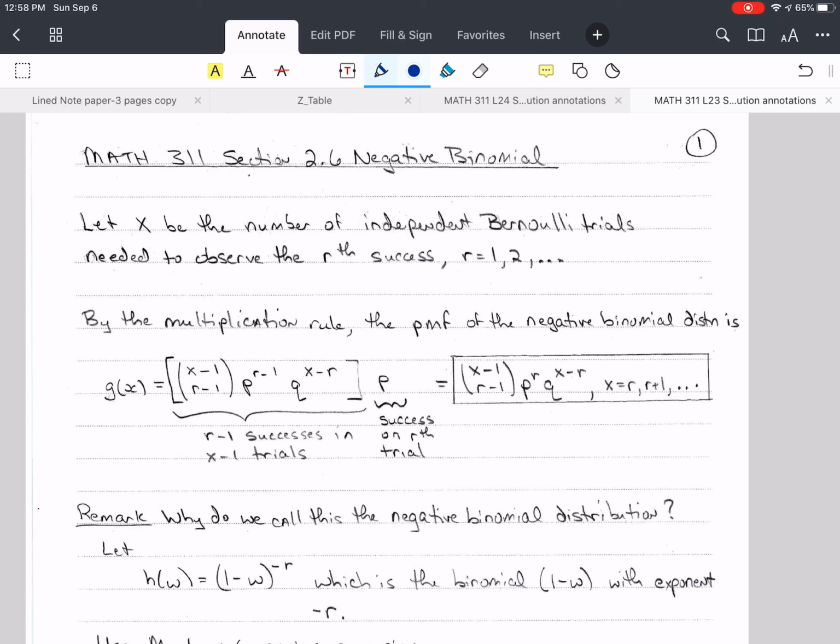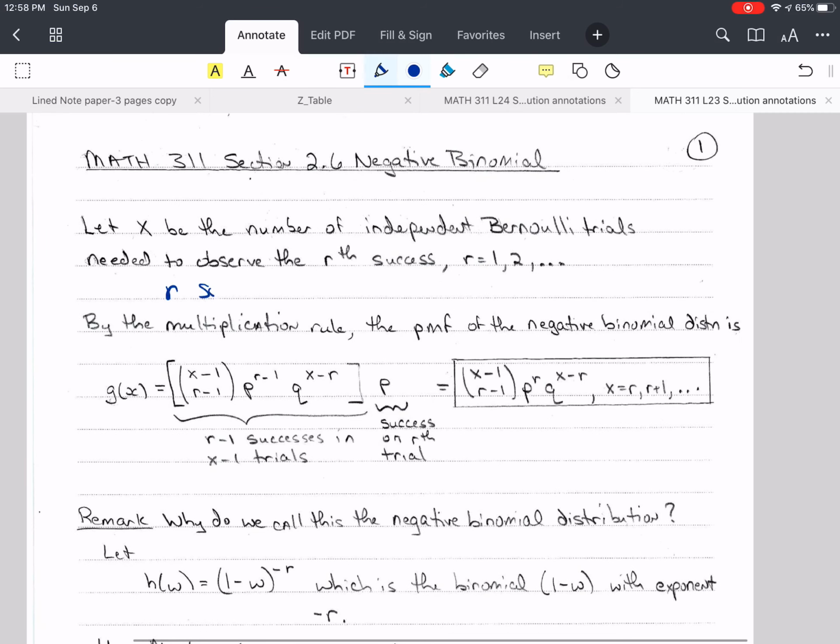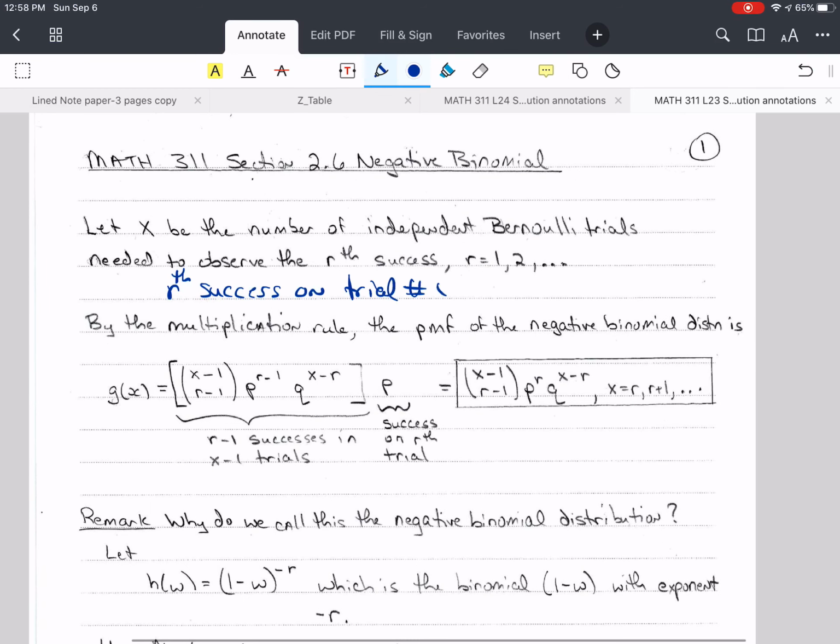If we have the rth success on trial number x, that means that in the first x minus 1 trials, we had r minus 1 successes. And there are x minus 1 choose r minus 1 different ways that can occur, because we don't care about order, we just care about the combinations.